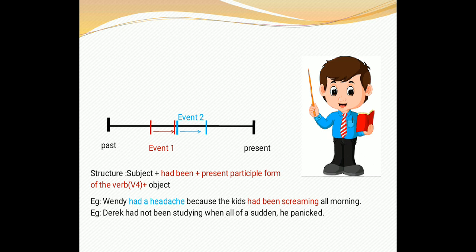As a result of that, Wendy gets a headache. The reason we use past perfect continuous here is to focus on the amount of time the kids were screaming. We also know that the screaming came first and Wendy's headache came second. Headache is the most recent event in the past. Next example is Derek had not been studying when all of a sudden he panicked.